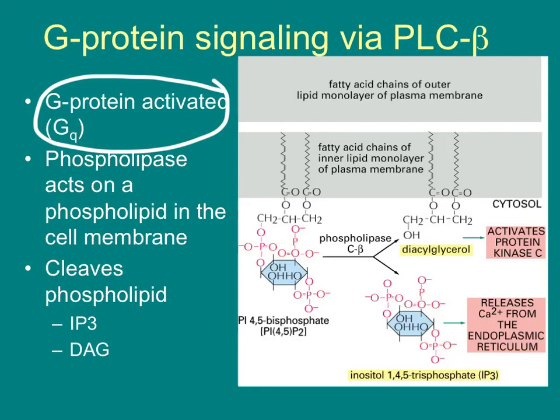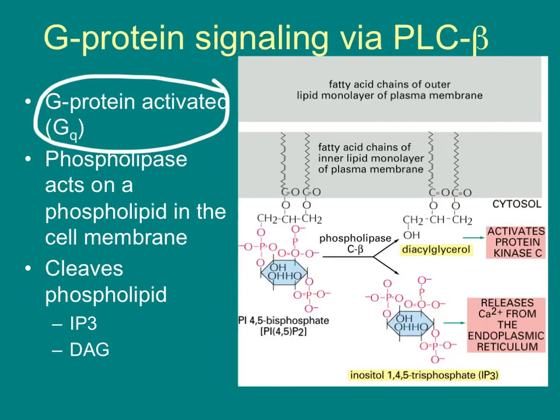All right. So what does this have to do with GQ? GQ will cause the activation of a phospholipase. What do phospholipases do? They break down lipids. So they're actually going to cleave some of this off. So phospholipase C will actually cleave at this particular phosphate right here.